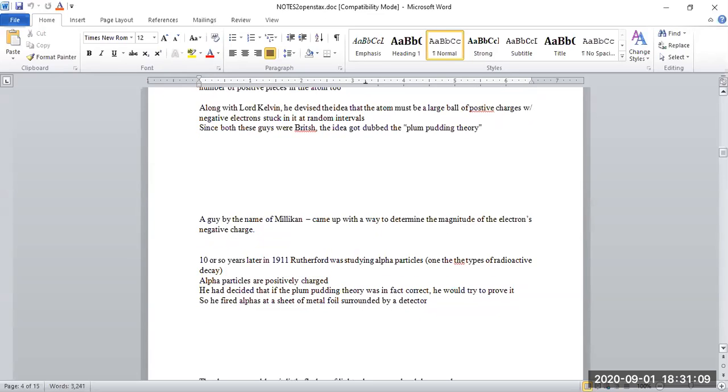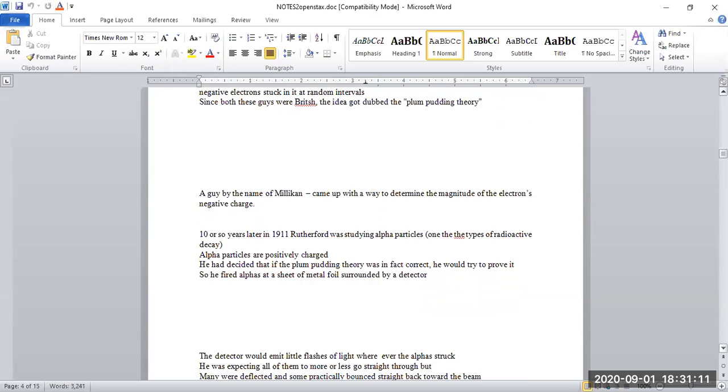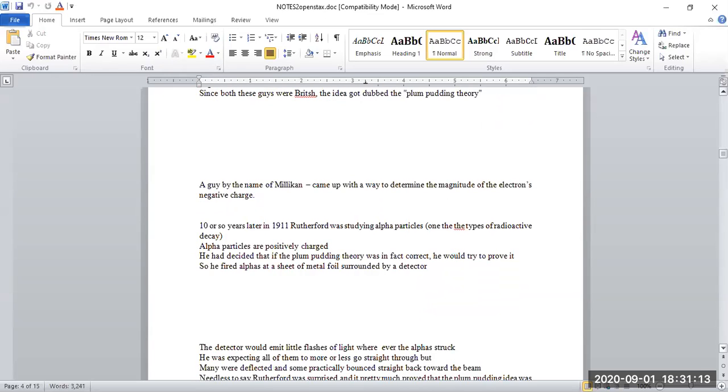About another decade passes. It's a guy named Ernest Rutherford, who is studying radioactive things, specifically things that emit alpha particles. That's a type of radiation. Alpha particles are positively charged.